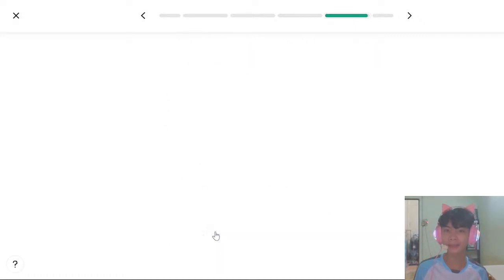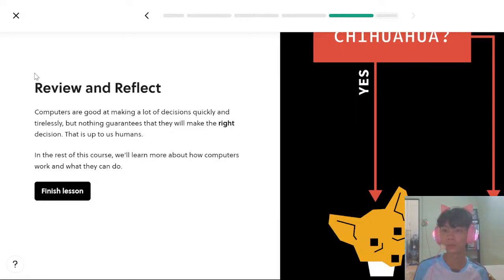Review and reflect. Computers are good at making a lot of decisions quickly and tirelessly, but nothing guarantees that they will make the right decision.